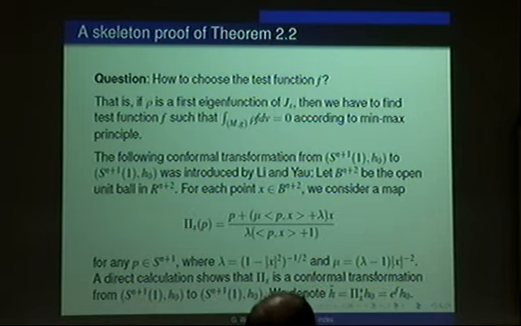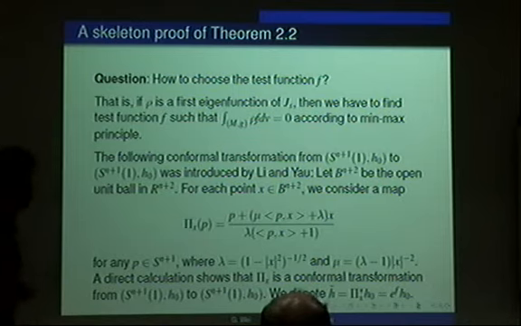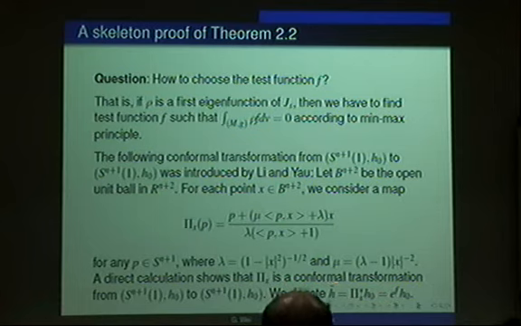Since this map is a conformal transformation, we can write this metric as the pullback of h0. Since this map is a conformal transformation, we know that h tilde equals e^f h0. Here, if e^f isn't equal to 1, this means a conformal transformation.